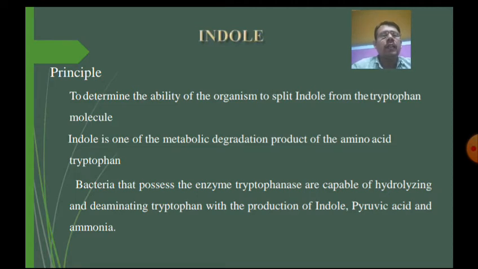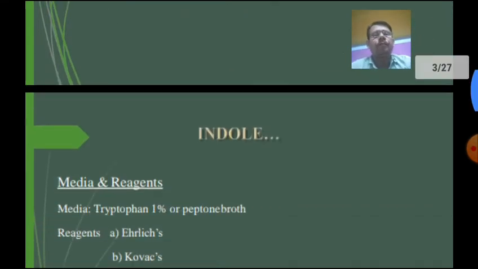Bacteria that possess the enzyme tryptophanase are capable of hydrolyzing and deaminating tryptophan with the production of indole, pyruvic acid and ammonia. All amino acids contain an amino group and an acidic group. Here tryptophan has the acidic carboxylic group and the amino group, so that is why they are produced. After the degradation of tryptophan, it produces indole, pyruvic acid and ammonia.